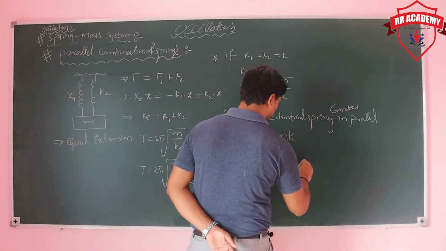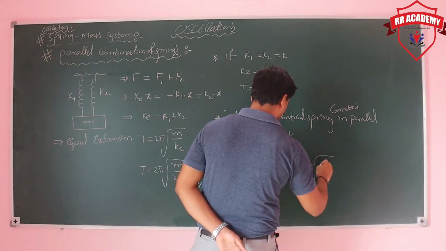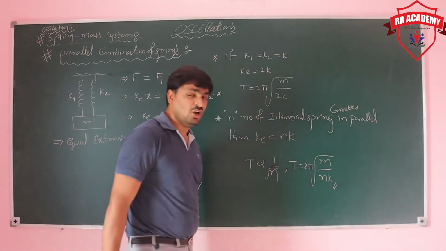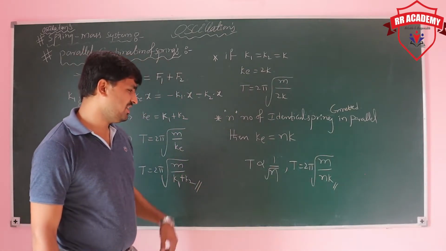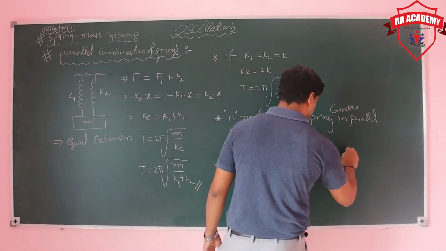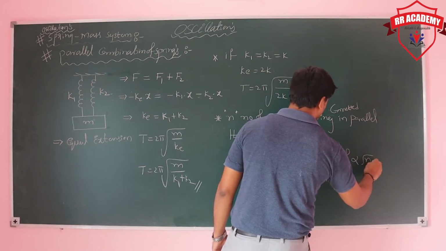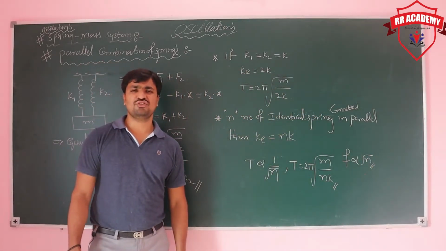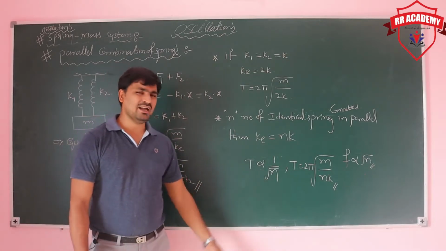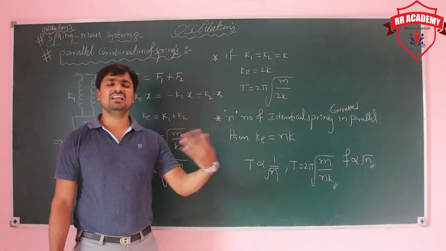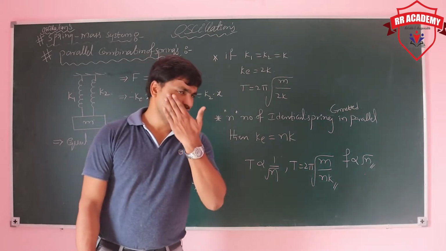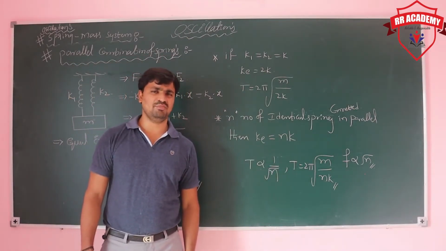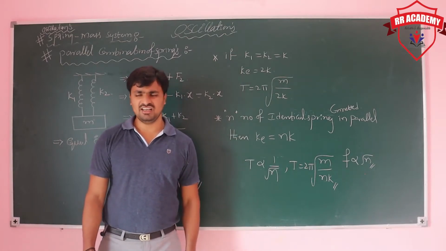How? 2 pi into under root m by nk. What about the frequency? Frequency increases by root n times. In a parallel combination, frequency increases, time period decreases. In a series combination, time period increases, frequency decreases.